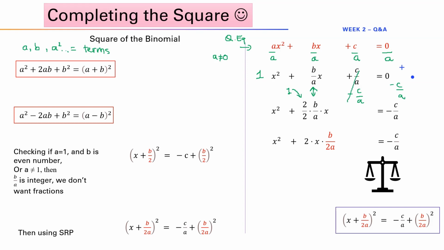On the right hand side, I have 0 subtract c over a, which makes it negative c over a. Now I will separate this one into this term, b over 2a. And I got this step.